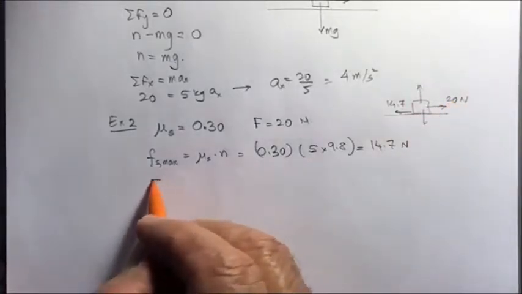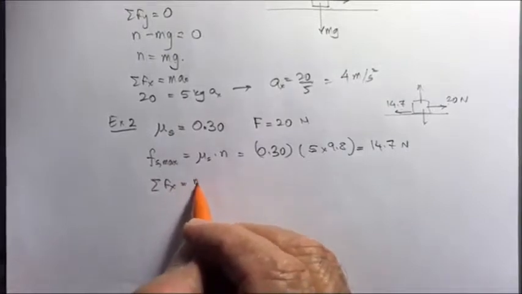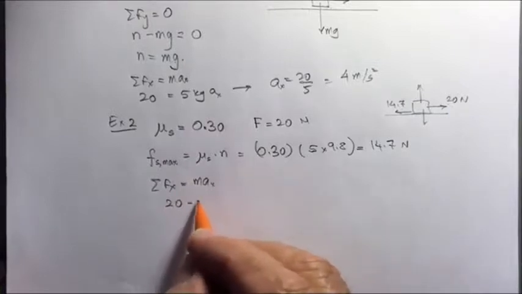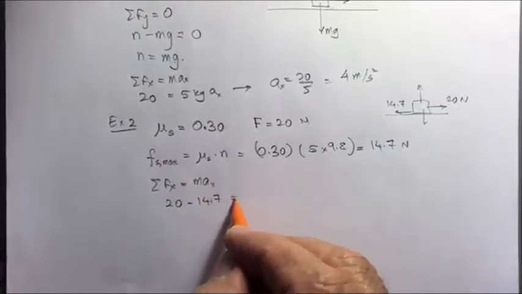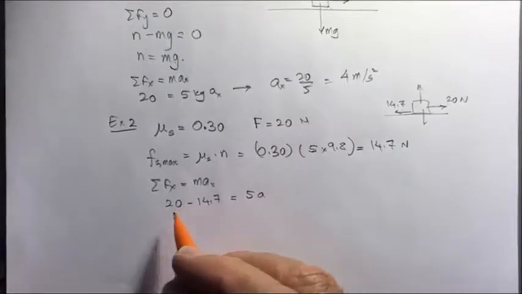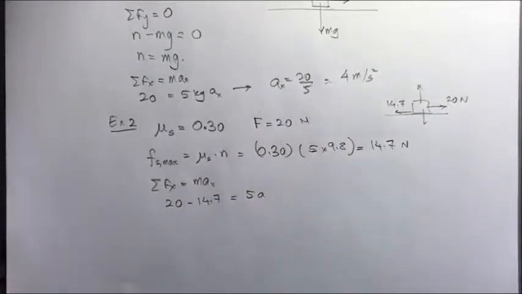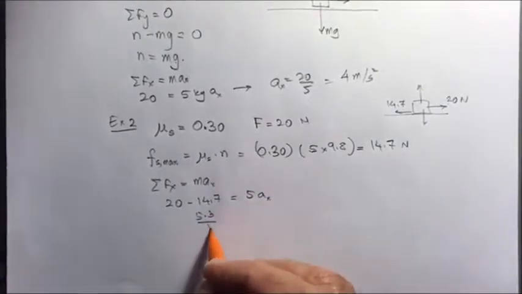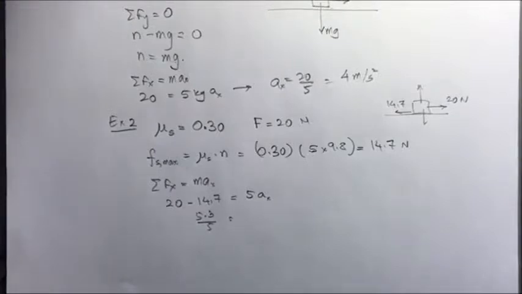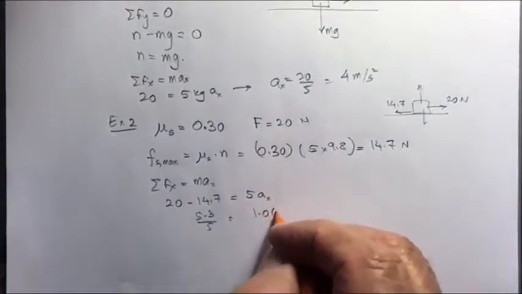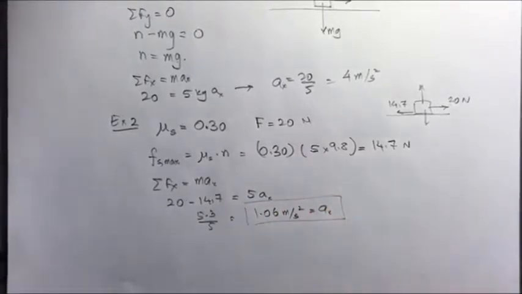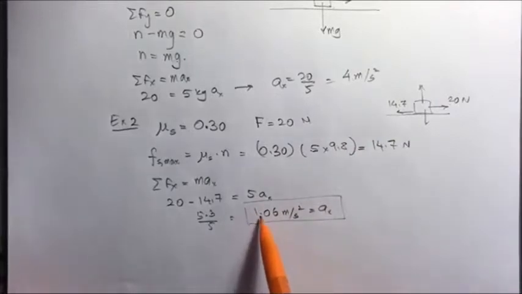So the x equation gives us that the force to the right is 20, the force to the left is 14.7, equals 5a, and 20 minus 14.7 is 5.3, over 5 is 1.06 meters per second square, which is ax. So it's going to accelerate. Instead of 4 meters per second square, it's now going to accelerate only at 1.06 meters per second square.